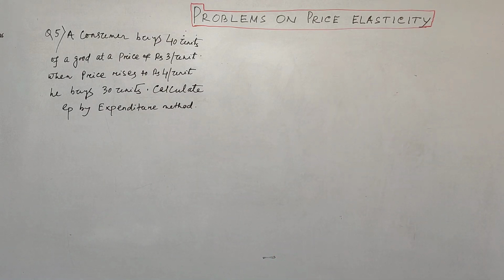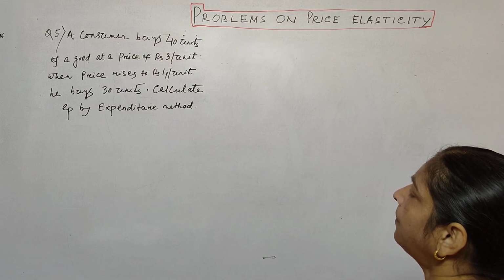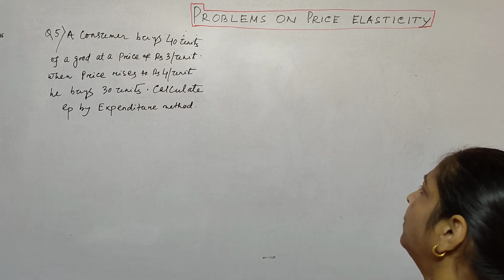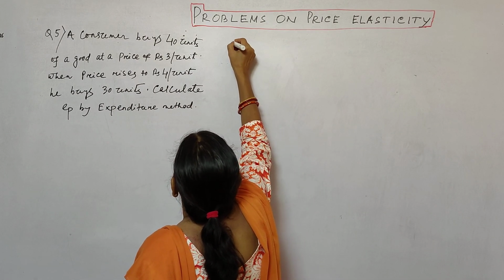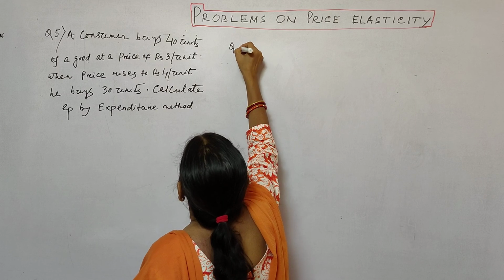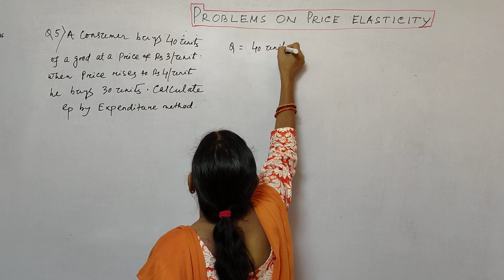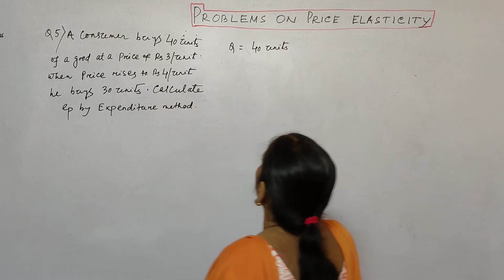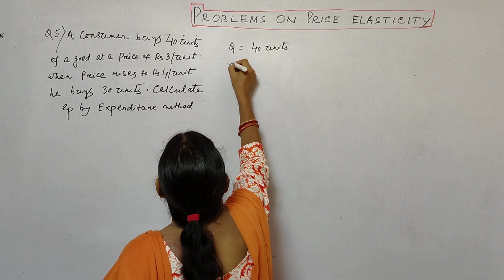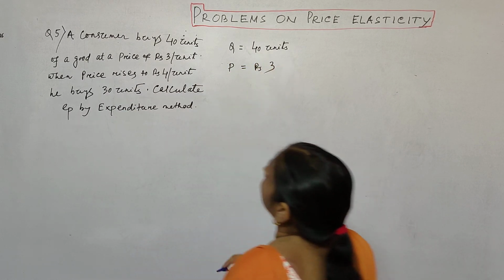The question is like this: a consumer buys 40 units of a good at a price of rupees 3 per unit. Our information is like this: initial quantity is 40 units at a price of rupees 3 per unit. Initial price is rupees 3.